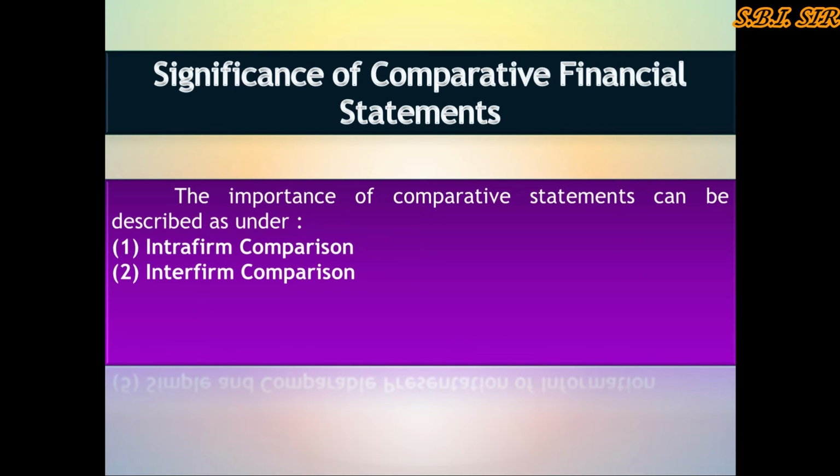Second, inter-firm comparison. An industry comprises various business entities. When financial statements of various business entities are compared with each other, it is known as inter-firm comparison. Which business unit is financially strong or weak as compared to the other business unit can be ascertained.